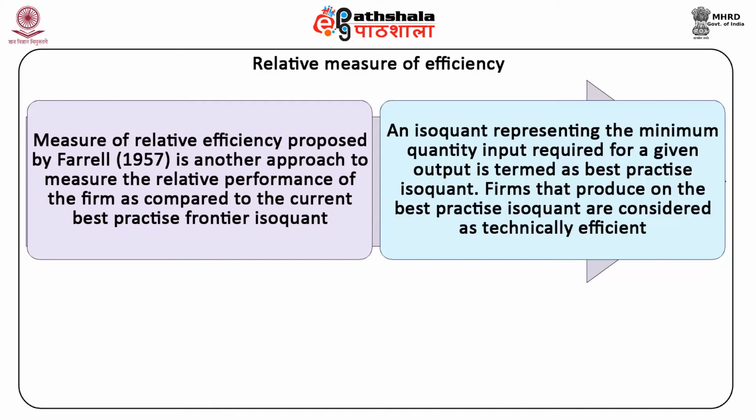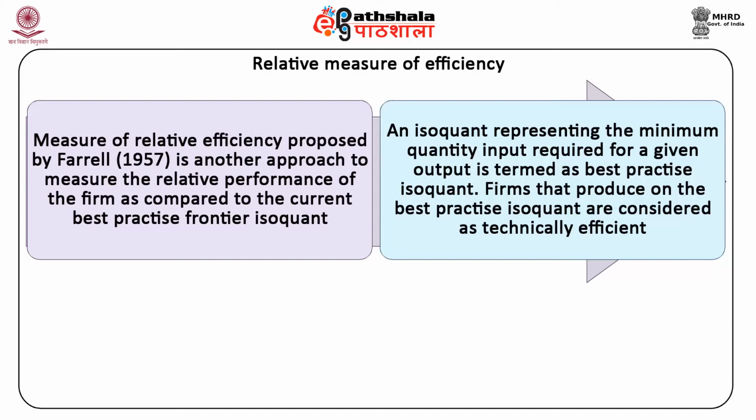Firms that produce on the best practice isoquant are considered technically efficient, whereas they are considered economically or allocatively efficient if they choose a point on the isoquant such that the MRTS between the two factors and the ratio of the factor prices are equal.